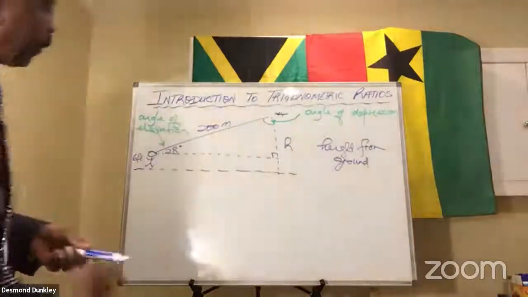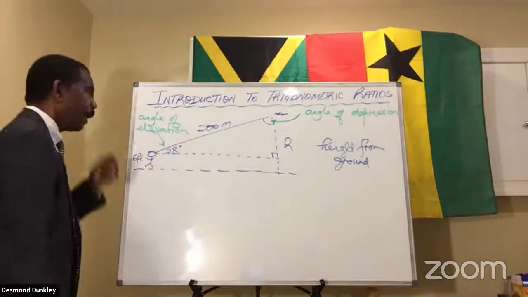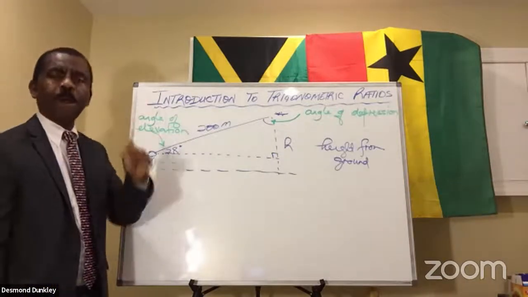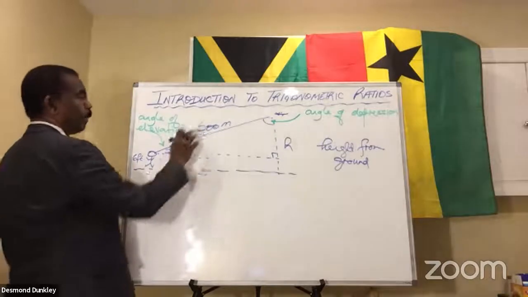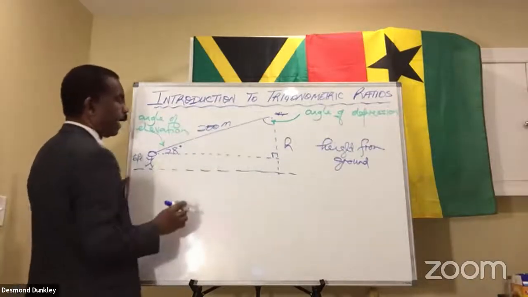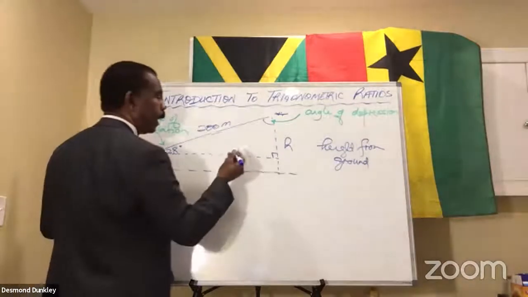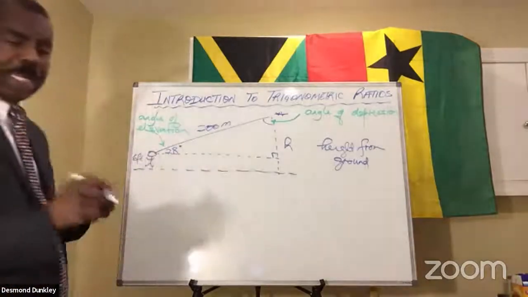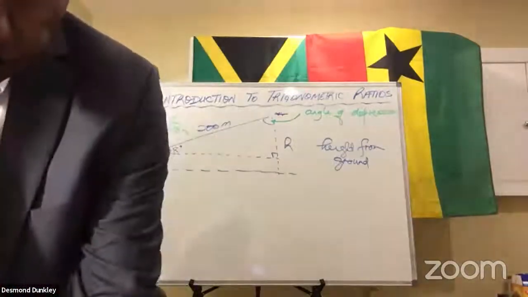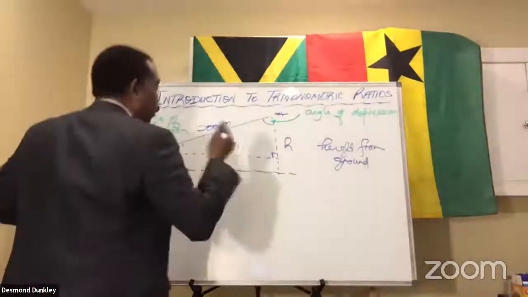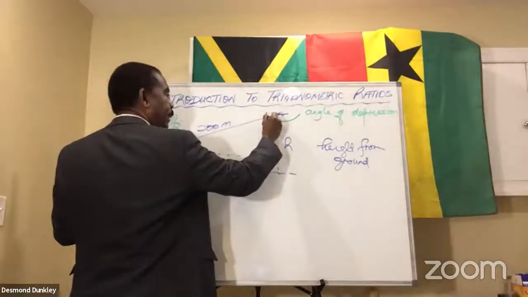Okay, so the question is, how high is the bird from the ground? 200 meters, 90-degree angle. So do you agree that we could find this distance?